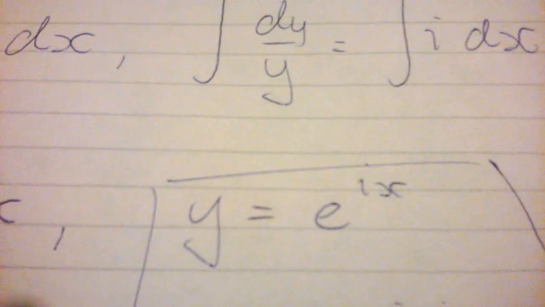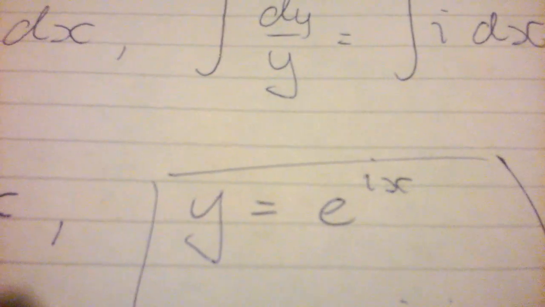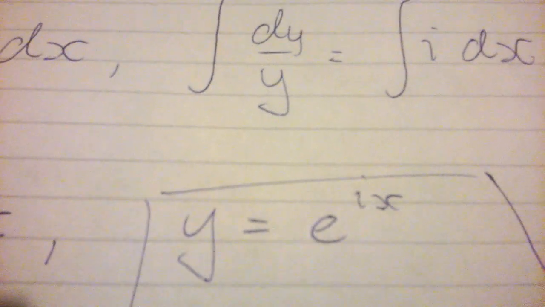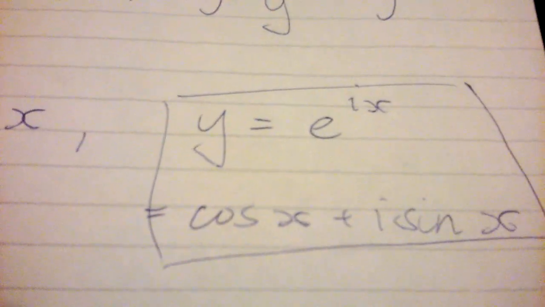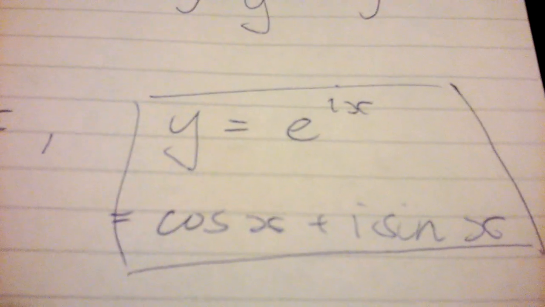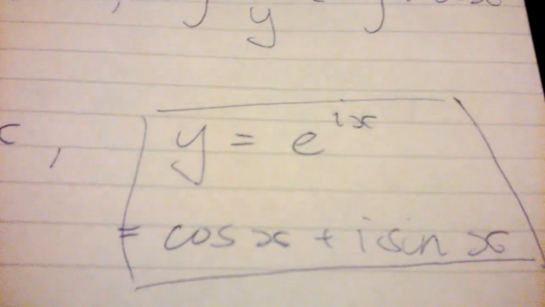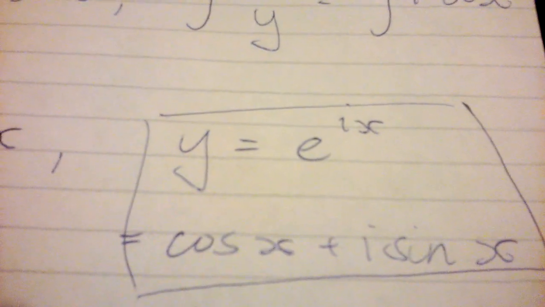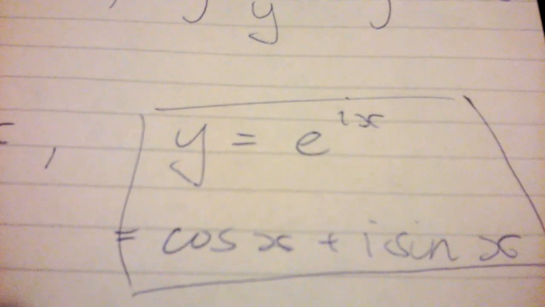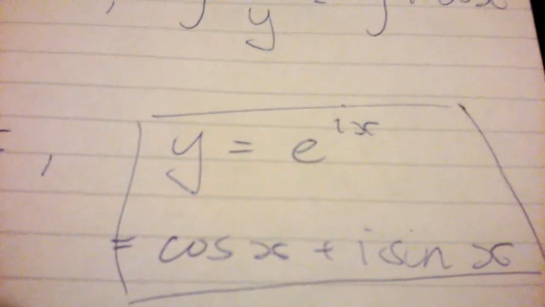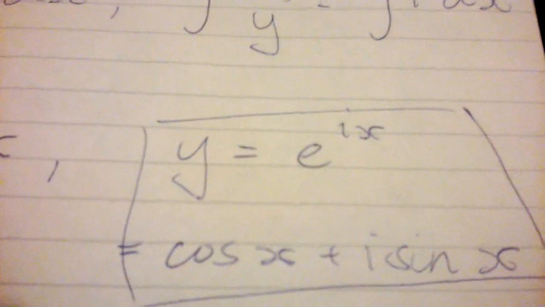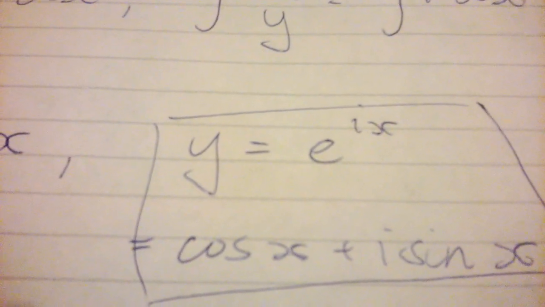Now, just to prove that the constants would be 0, we can take an equivalent for y equals e to the ix, so e to the ix is cos x plus i sine x. If you set x to 0, you've got e to the i times 0, which is 1, and then you've got the cos of 0, which is 1, plus i sine 0, which is 0.